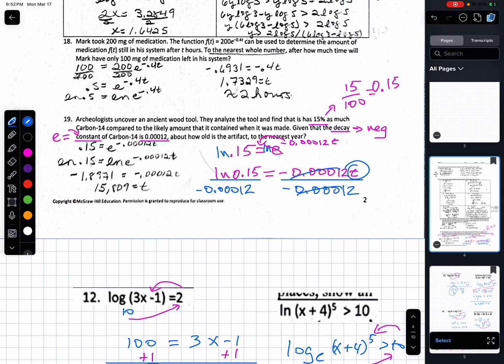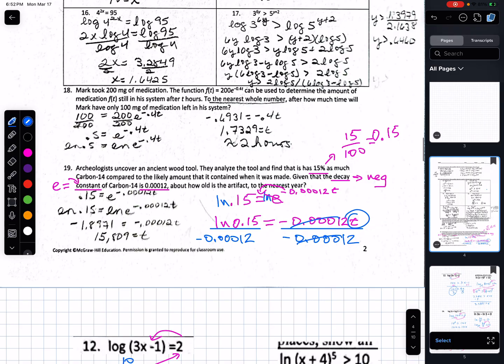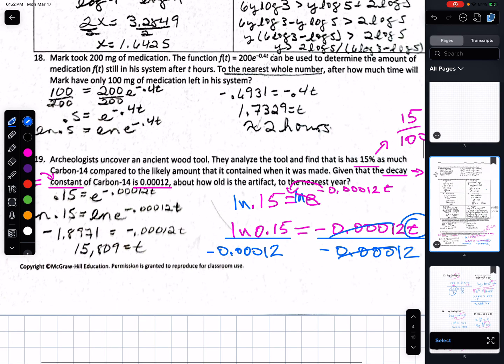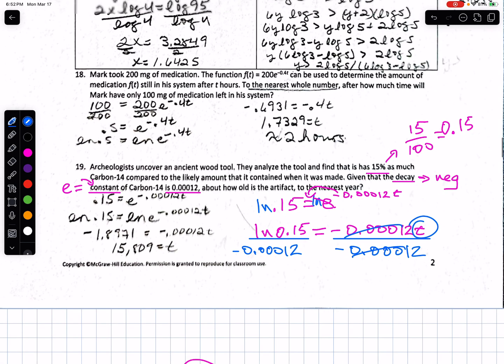So carbon-14 takes forever to dissipate, get rid of itself. So now problem solving on the test. Have you noticed if she gives you a nasty problem like this, it might be the exact same one on a test? That's why when we went through this, I'm like, key stuff: 15%, decay is negative, then 0.00012 means e, all that stuff.